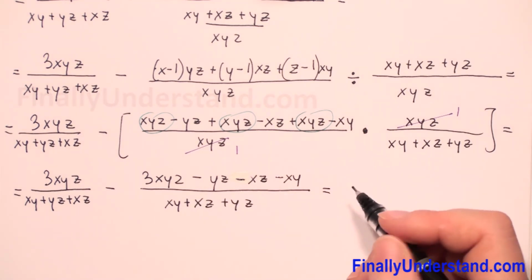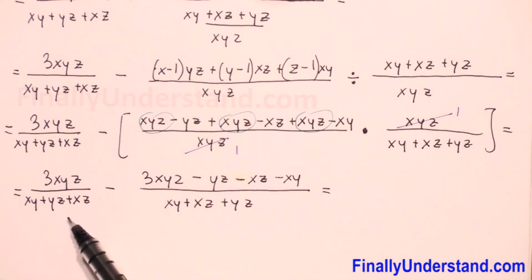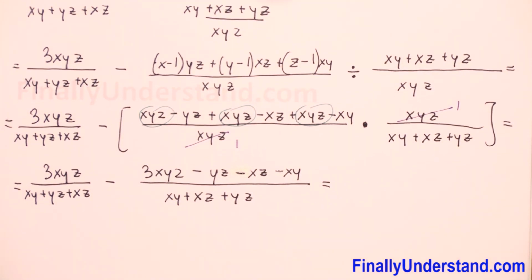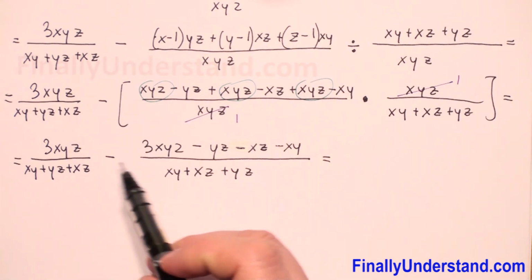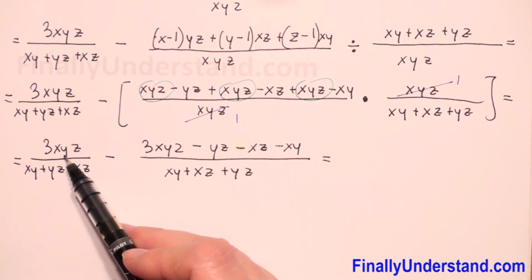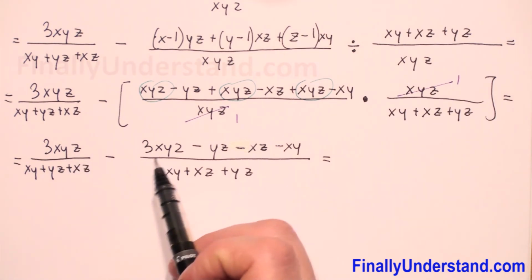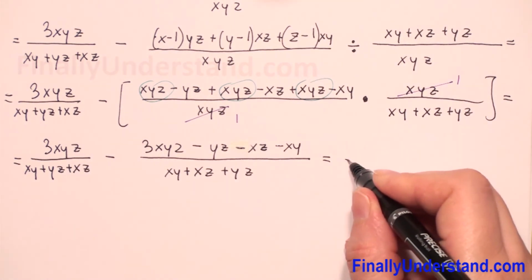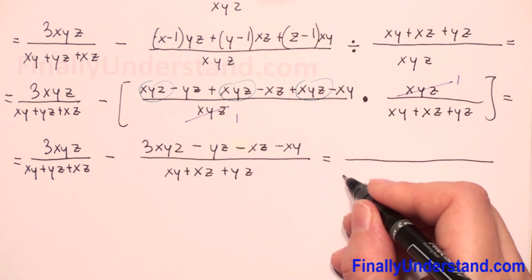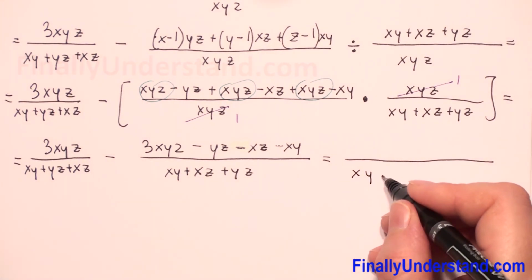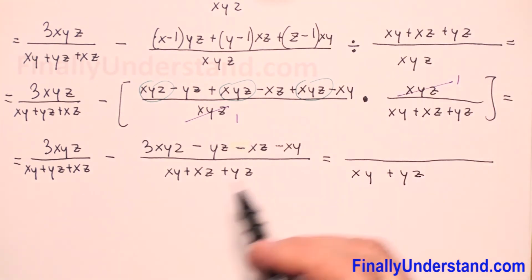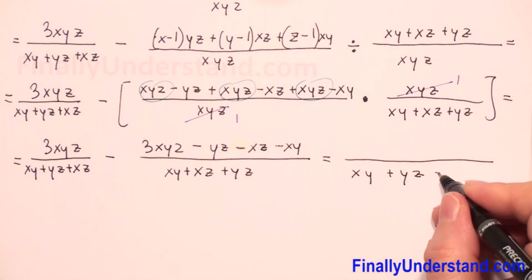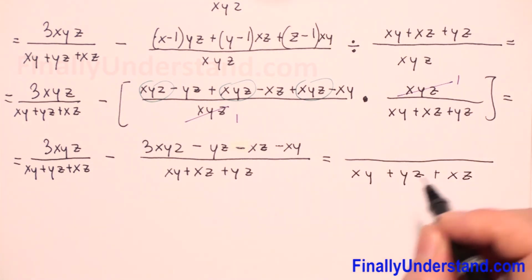So this is equal. We have the same denominator, so we can subtract; we copy the denominator, and we have to subtract numerators. So it will be, first I will put xy, then yz, and next xz.